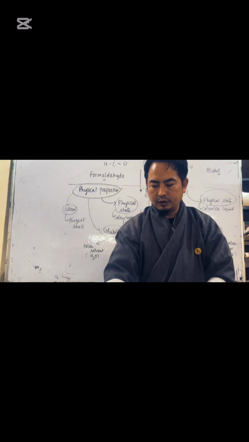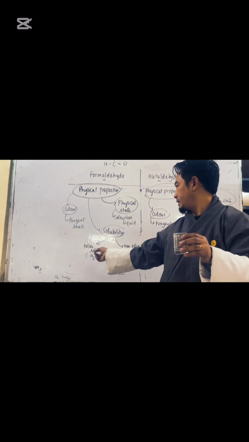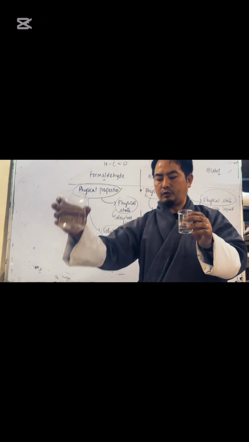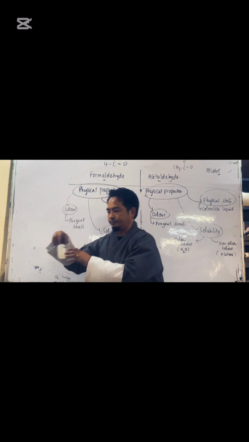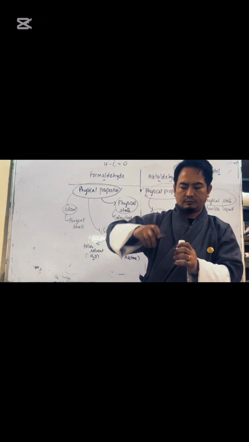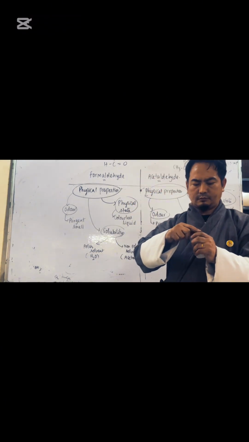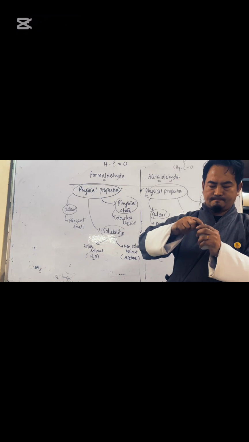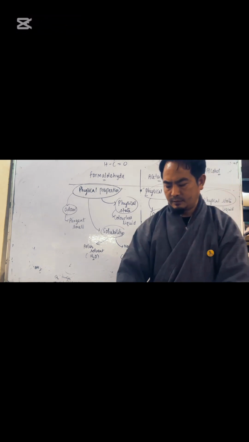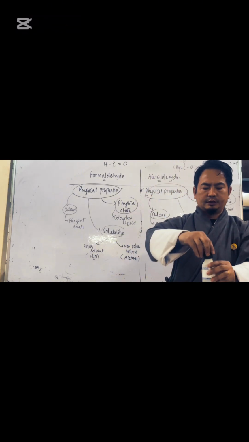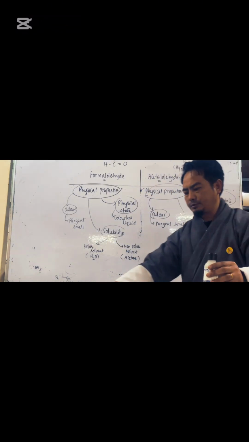Then in one of the formaldehyde, I'm going to add the water, polar solvent. So your polar solvent is water. Meantime, I will also take the acetone. The acetone here represents the non-polar solvent. Water represents the polar solvent.